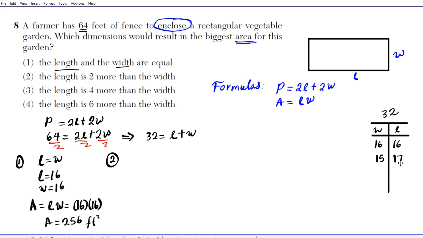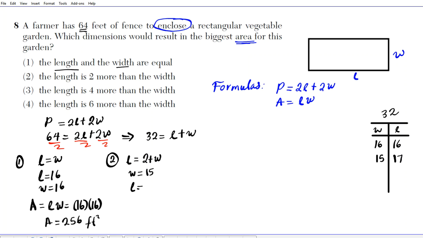Okay, so this combination 15 and 17 has a sum of 32, which is the requirement, and it satisfies the requirement that the length 17 is 2 more than the width 15.